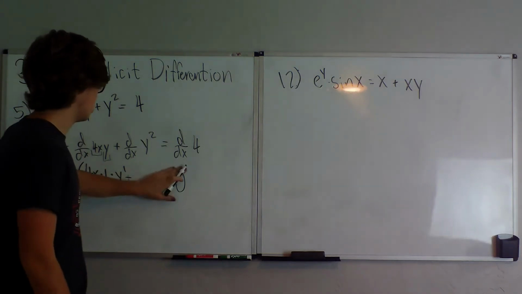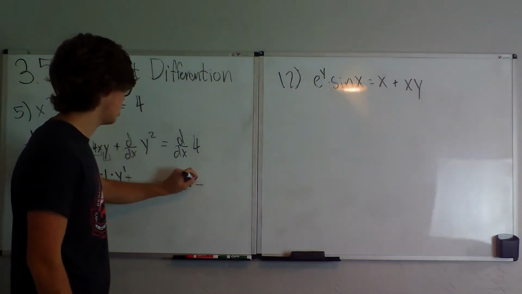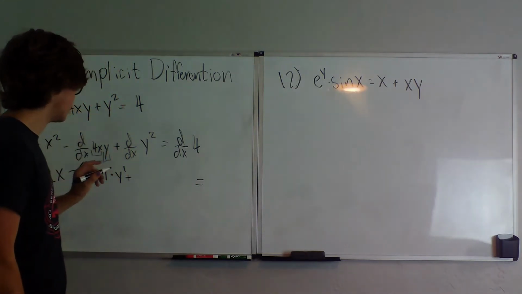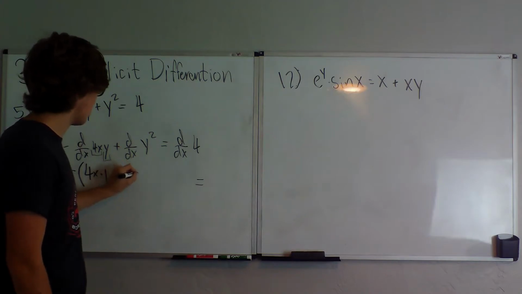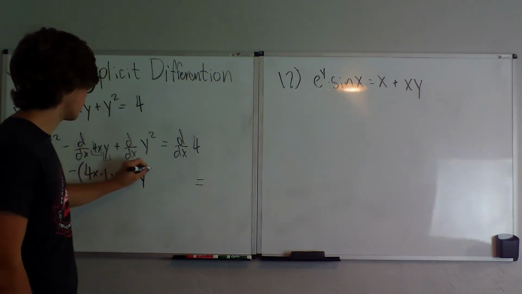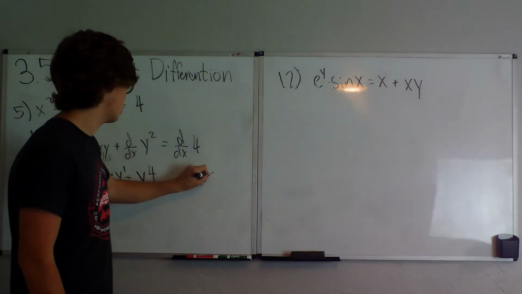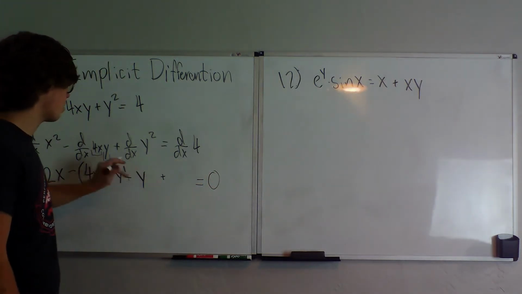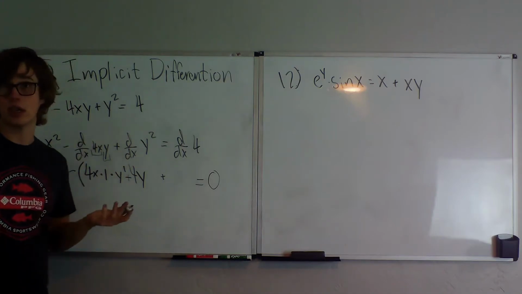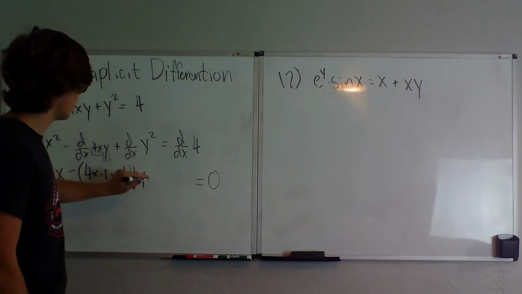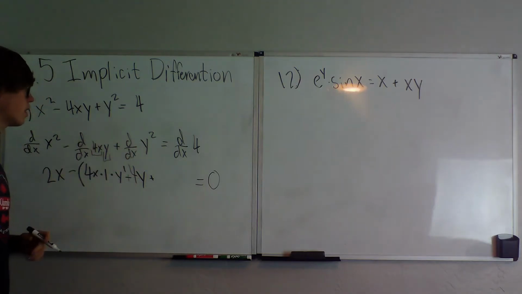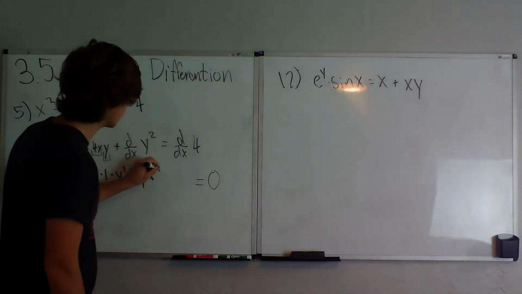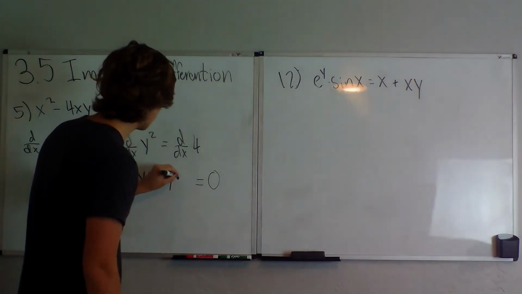Plus, well, we have our first d last plus last d first, so plus y times the derivative of 4x, which is just 4. Okay, so then I'm just going to rewrite this to be 4y, because that's nicer to look at, obviously. And then we get, okay, well, what's the derivative of y squared? We know it's 2y times y prime.